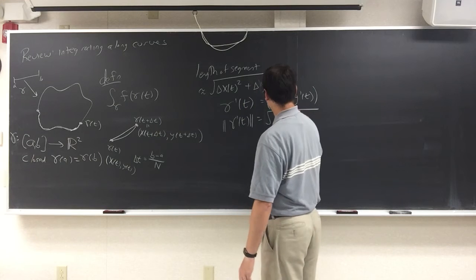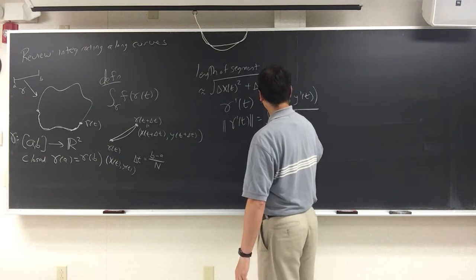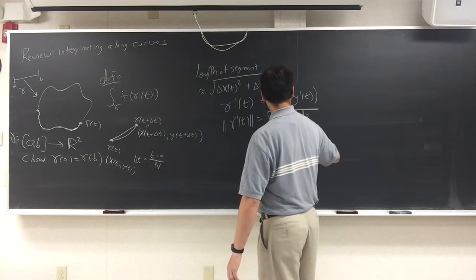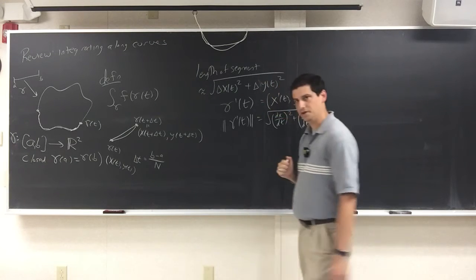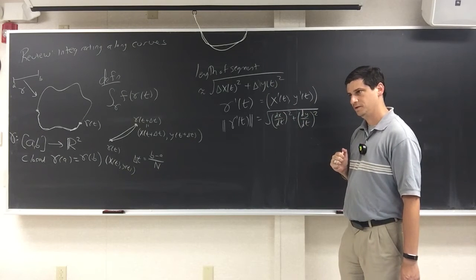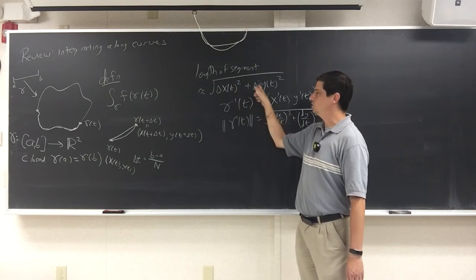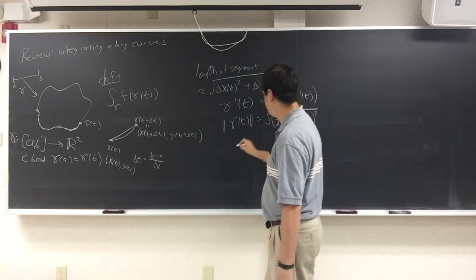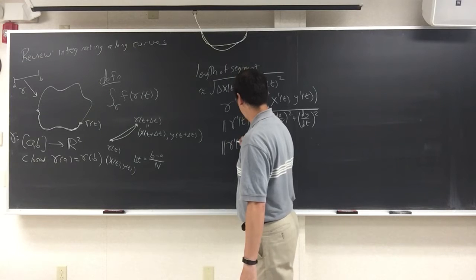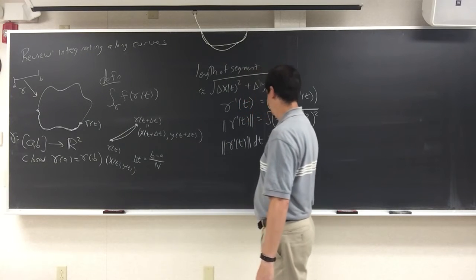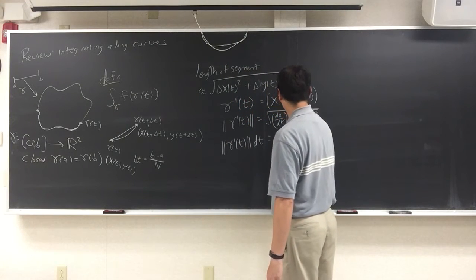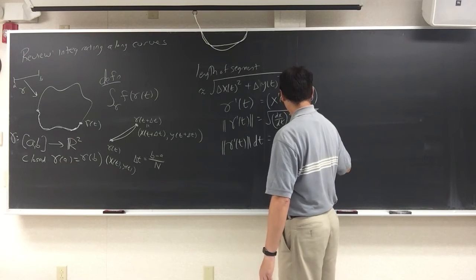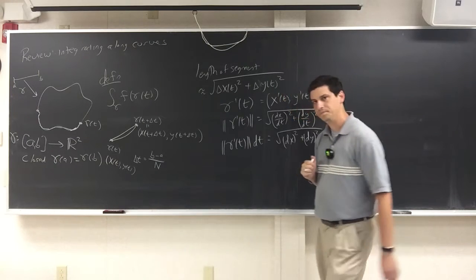That's going to be the square root of (dx/dt) squared plus (dy/dt) squared. Well, I basically want dx squared plus dy squared, so we need to multiply this by dt. So we get the length of gamma prime of t, times dt. And that will give us the square root of dx squared plus dy squared, times dt.